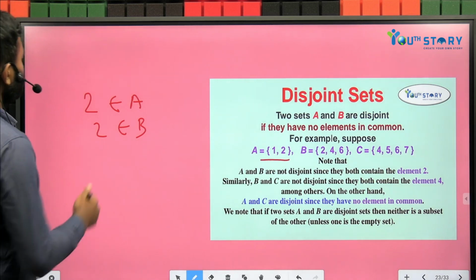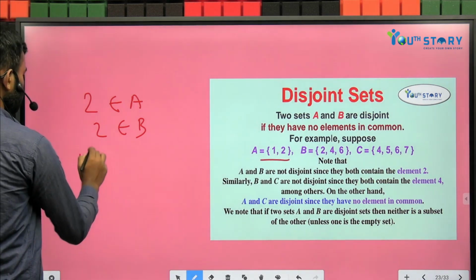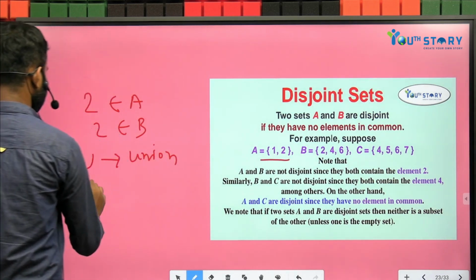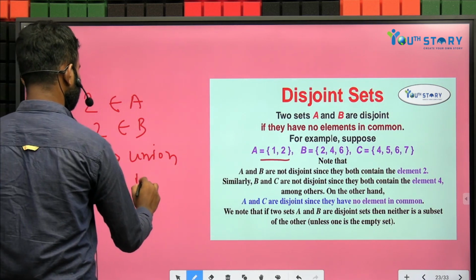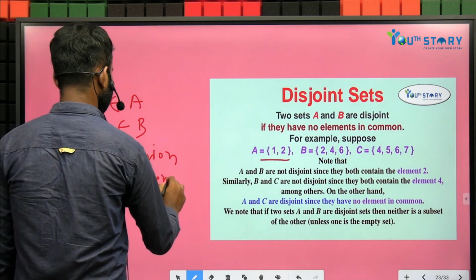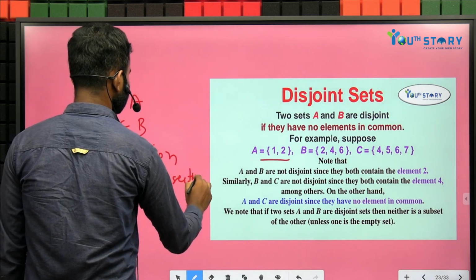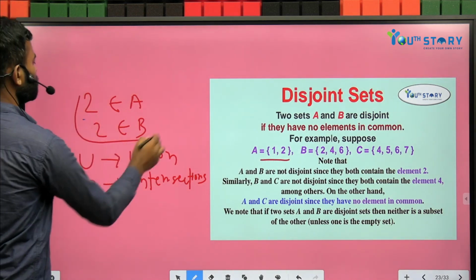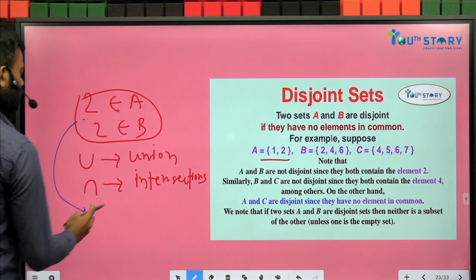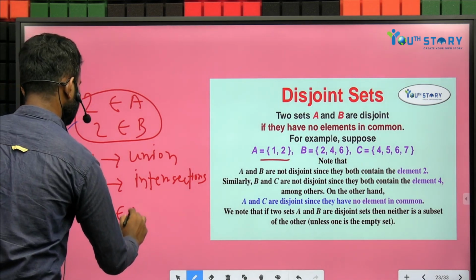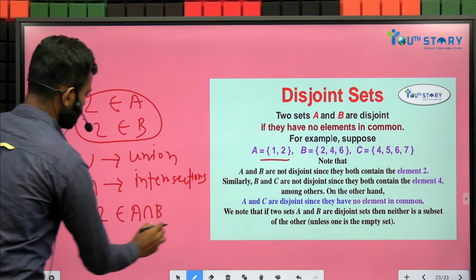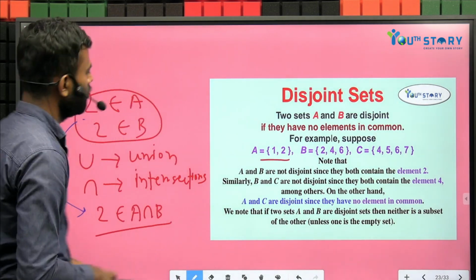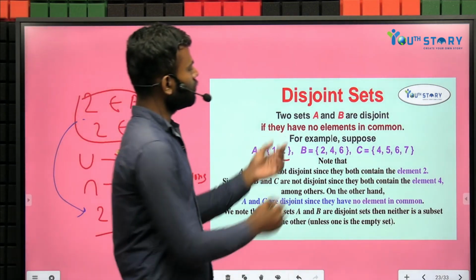We use this notation for union and this for intersection. 2 is a member of A and 2 is a member of B, these two conditions imply that 2 lies in both A and B, the intersection of sets A and B. So they have a common element.